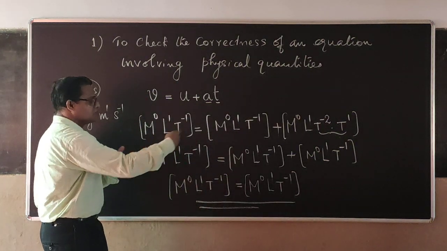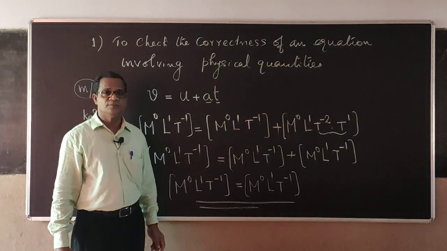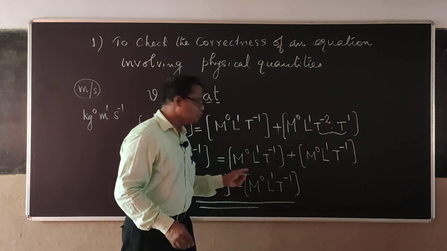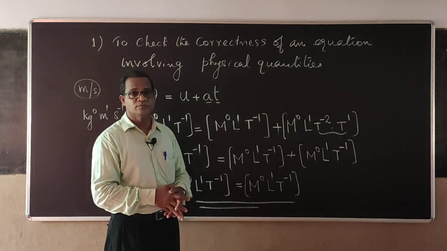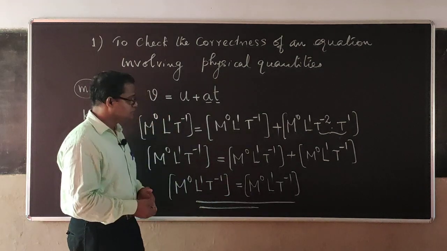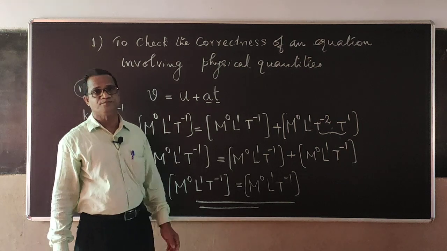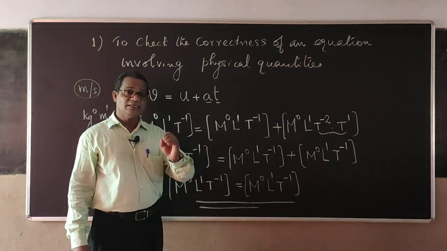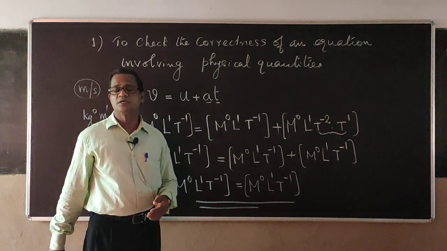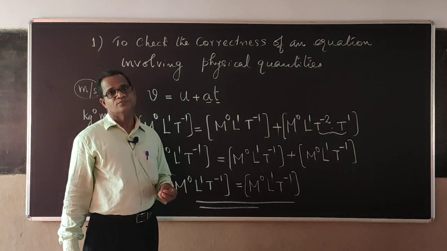So, velocity is equal to velocity. Understood? So, while checking, you will be coming across some numbers, adding these two, number 2 will be coming. That 2 is dimensionless. Therefore, you will be left with left hand side equal to right hand side. Okay? Like this, you can practice this checking using any other equations that you know of. Alright?